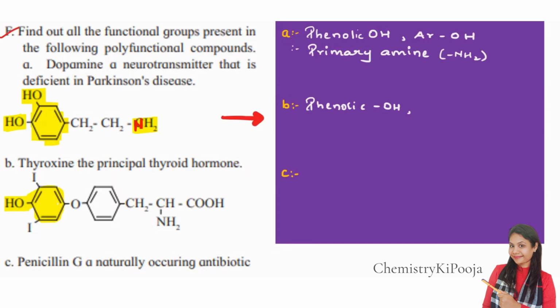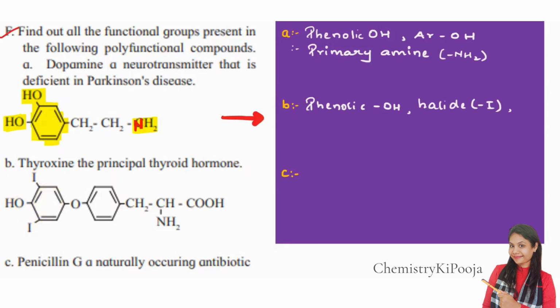Clear? Then we have this I group. I is nothing but the halide group, isn't it? So I can write this as a halide, or in the bracket you simply put I. That is iodide.